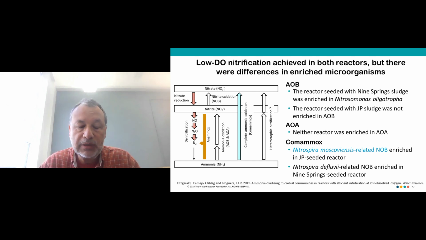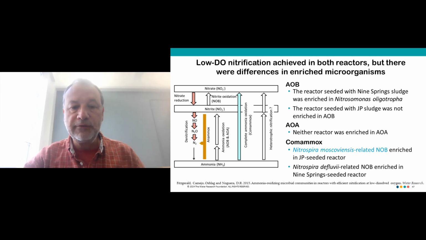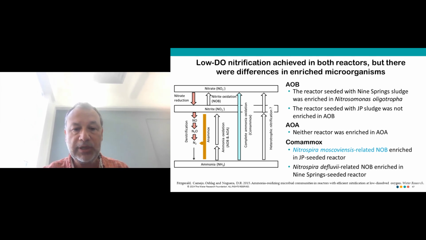That's what we were doing with nitrite oxidizers. So unfortunately, we didn't go as far as identifying exactly whether there was a comammox organism or not. But we know that in the other process, the one that came from the high DO environment, we enriched for a different group of Nitrospira organisms, the ones associated with Nitrospira defluvii, which is not the group of NOBs that contain the comammox organisms.